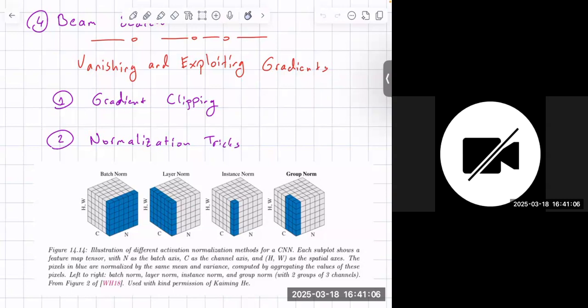In this case, your batch size may not be so big, so normalizing through the batch is not a good idea. Think about this capital N being rather small. In that case, you might just average over your single data point, let's say one image. And then there are group norm and instance norm. These are all normalization tricks. And normalization is kind of standard.